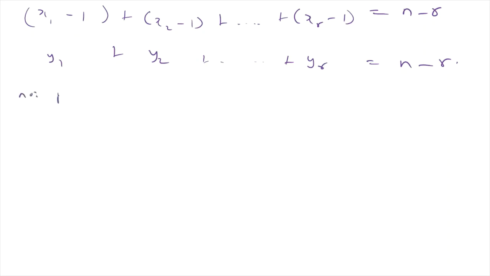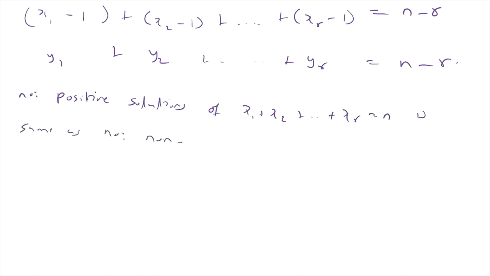The number of positive solutions of x1 plus x2 plus so on up to xr is equal to n is same as the number of non-negative solutions of y1 plus y2 plus so on up to yr is equal to n minus r.